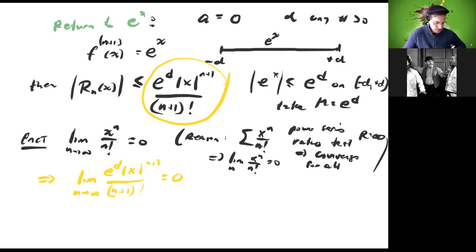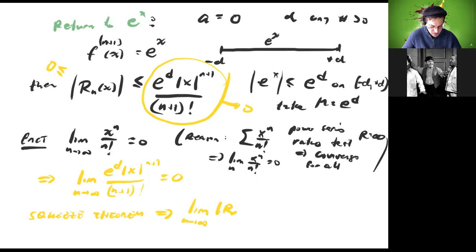And the absolute value of Rn of x is bounded below by 0, so we can use the squeeze theorem.